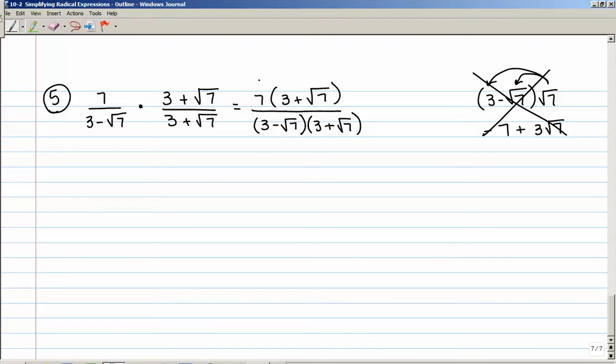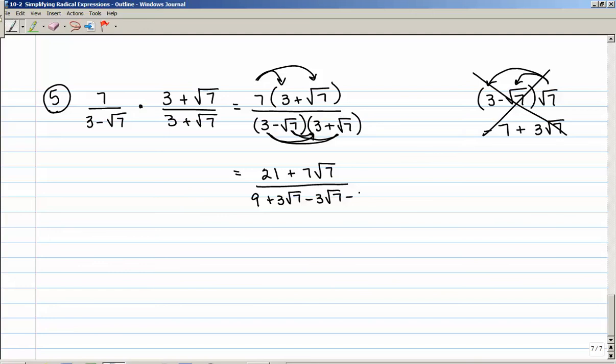On the top, when I distribute, I'm going to get 21 plus 7 square root of 7 over, now when I FOIL on the bottom, first gives me a 9, outer gives me a positive 3 square root of 7, inner gives me a negative 3 square root of 7, and last, a negative square root of 7 times a positive square root of 7 is going to give me a negative 7.